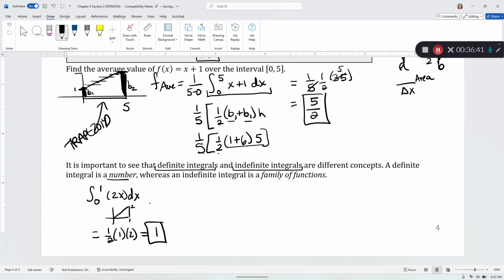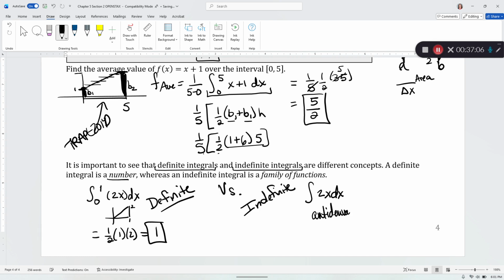This is a definite, okay? Versus indefinite, okay? Here was an indefinite one. No start, no stop, indefinite, okay? Remember when we were doing antiderivatives? We would raise the power, divide by the new power, plus a c at the end.